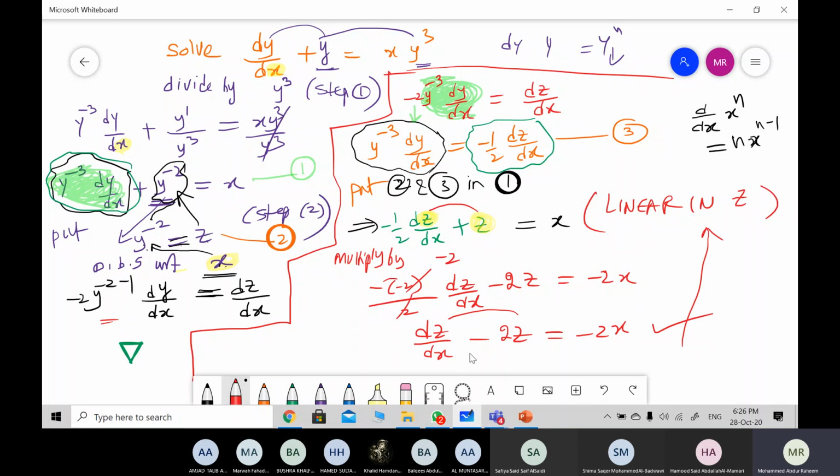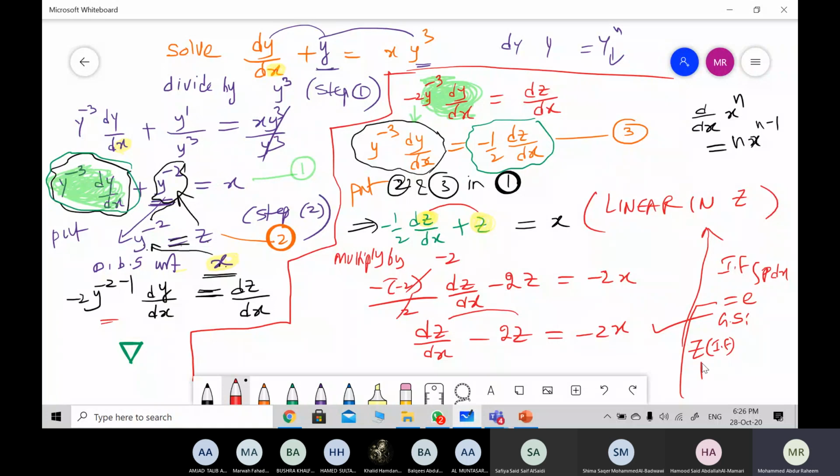After linear in Z, what do we do? How to find the general solution? We know for linear, the integrating factor is e power integral P dx. The general solution is Z times IF. Why is Z here?